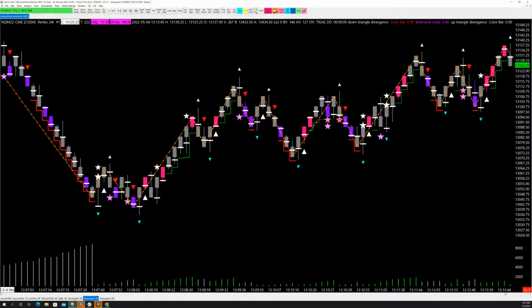No. So purple bar followed by a star. I get my scale off. So this is profitable. We'll put a plus sign here, right? That was just a break even trade, but that's all I'm counting is did I get in or out of it. No pink bar within 2 bars of the apex, no trade, and no triangle up.